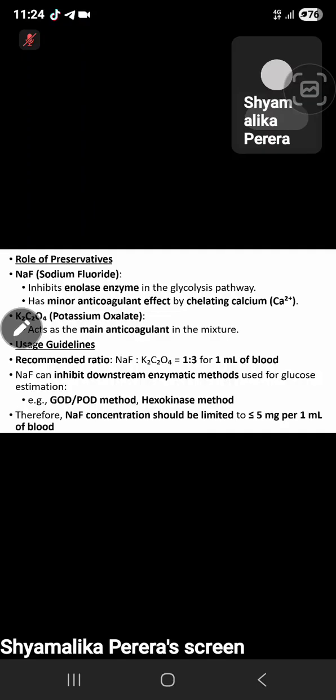Therefore, sodium fluoride concentration should be limited to less than 5 milligrams per 1 ml of blood. After considering all these things, manufacturers design their blood sugar tubes to collect the appropriate volume of blood. So as MLTs, we should ensure samples are properly collected up to the level, because otherwise we end up with another problem.